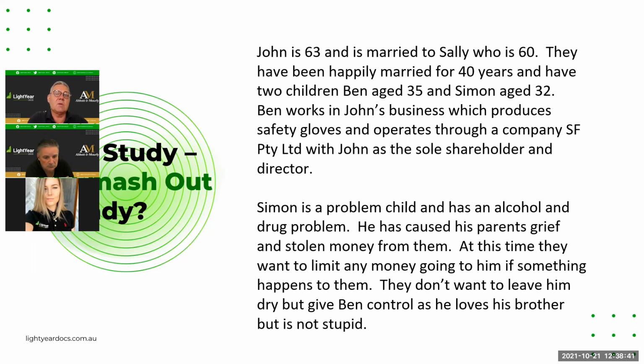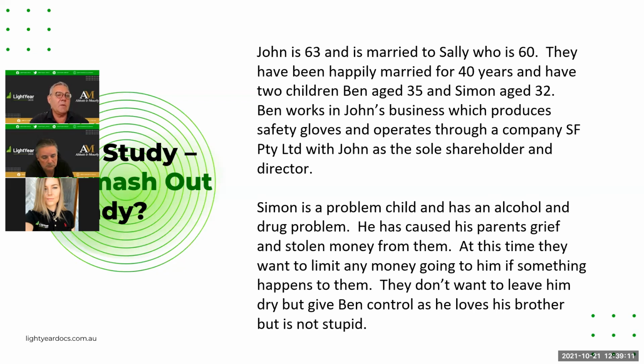And what we're looking at is what happens when John and Sally pass away. Subjectively, the Supreme Court, if you have a look at all the decisions, will say, well, hold on, Ben's in the business, he's got the business, he's looking after that. And that's one of the areas, who's going to end up with Ben's business, is that in that instance Simon will be looked after.